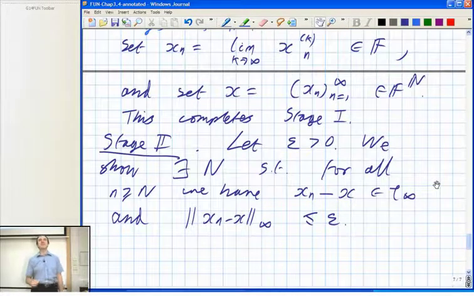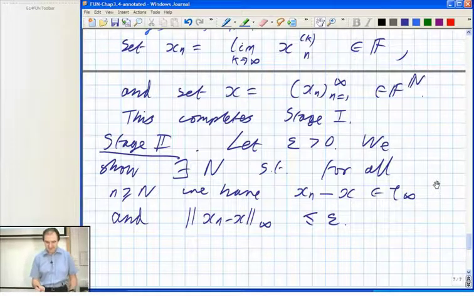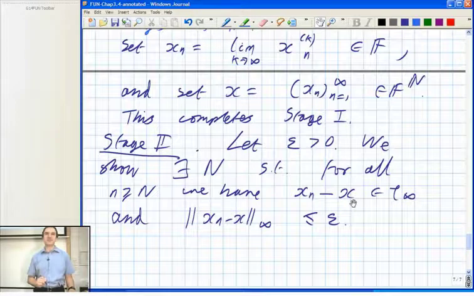I'm being very careful there. You aren't even allowed to take the sup norm until you know it's in there, unless you want to allow the possibility of infinity. If you do want to allow the possibility of infinity, you can just say that this is less than or equal to epsilon, in which case this bit about being in L infinity also follows.